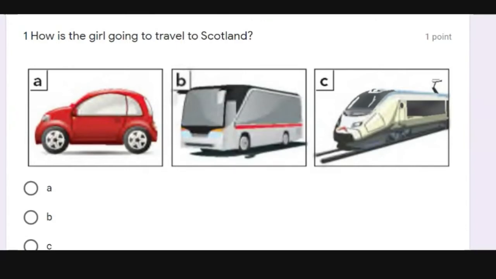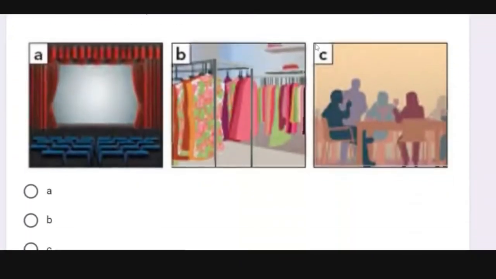What about going by coach? That's much cheaper. Yes, but it takes longer, and it isn't as comfortable. The other thing is, my dad doesn't want to drive. We could stop whenever we wanted in the car, but Dad says driving is too tiring. 2. What has the woman planned to do first?